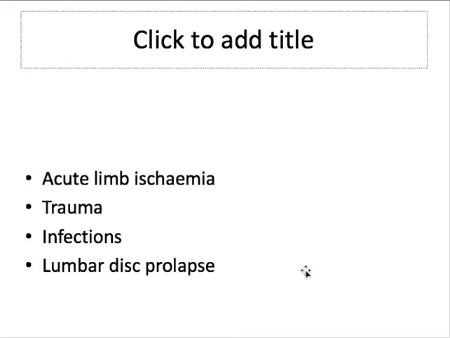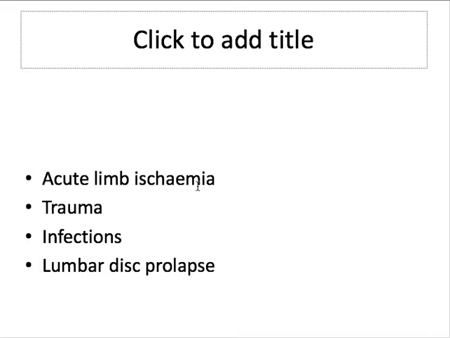Examination will come later, but of course there will be a positive SLR and absence of signs of acute limb ischemia or infection. So once those are excluded, you can very quickly palpate the pulses, and it will confirm the acute limb ischemia.